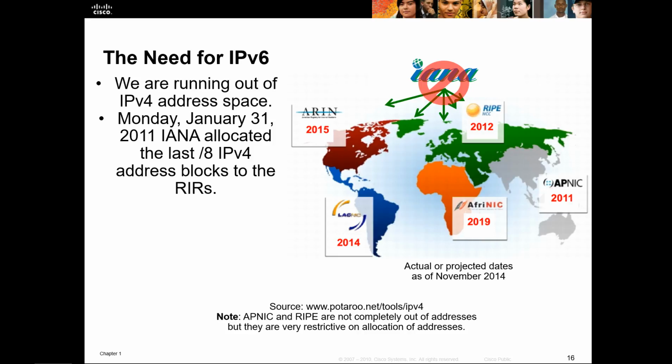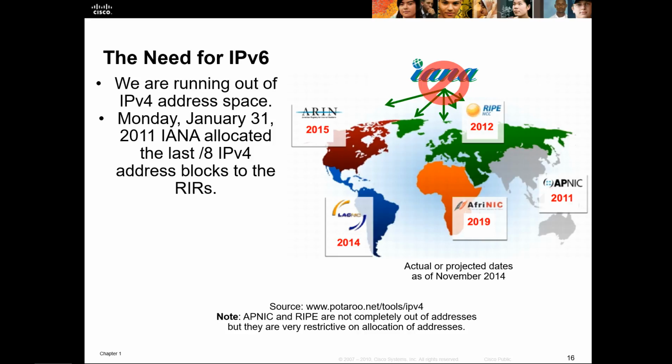So that's a big one. APNIC deals with portions of Asia and portions of Oceania. LACNIC is Latin America and portions of the Caribbean. RIPE is Europe, the Middle East, and Central Asia. So Asia is actually covered by RIPE and APNIC. Lastly is AFRINIC, and that's Africa and portions of the Indian Ocean.